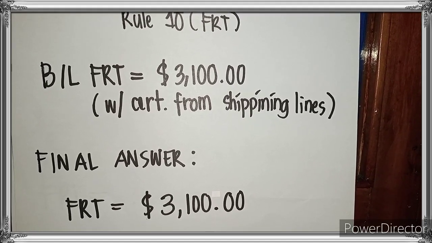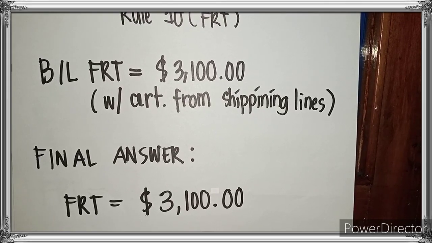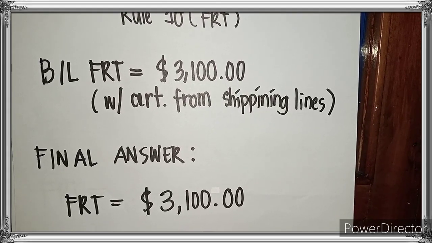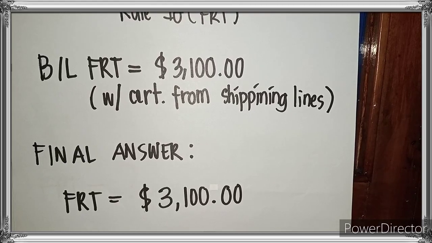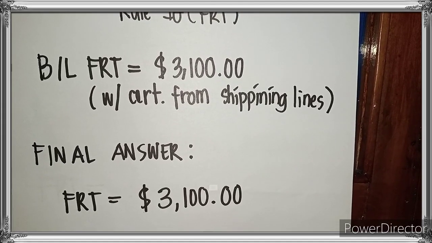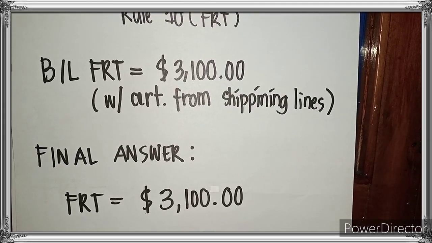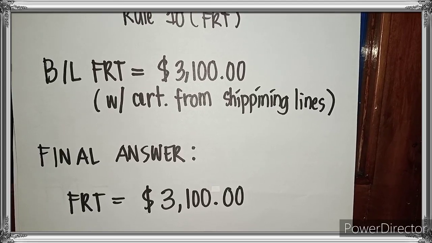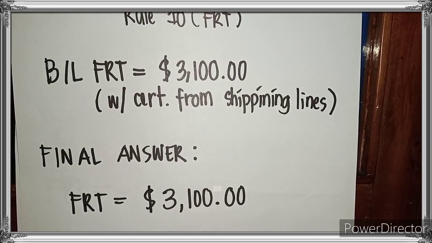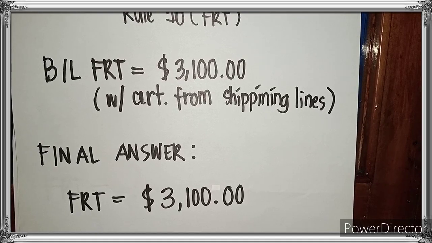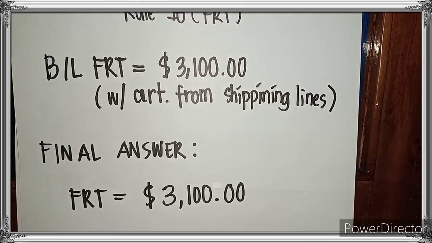It is because the company has provided a certification from the shipping lines, or the shipment has a certification from the shipping lines. That is why $3,100 is our freight, or our final answer to the problem.